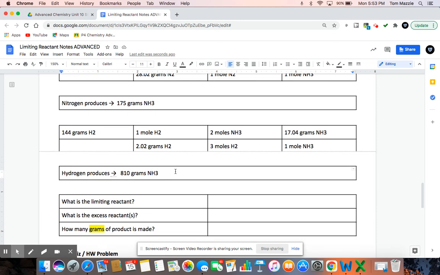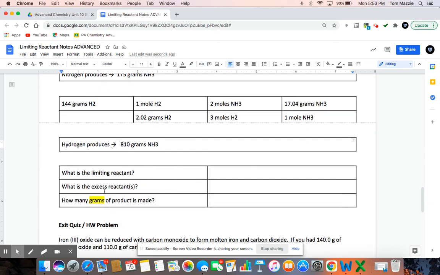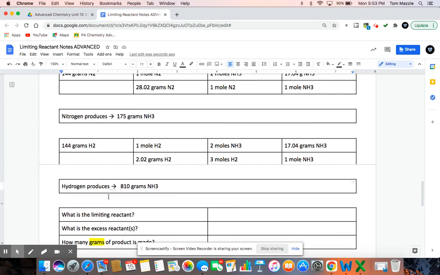Now we just have to interpret these questions. So, which is the limiting reactant? Well, nitrogen produces 175, hydrogen produces 810. Whichever reactant makes less product is the limiting reactant. Therefore, nitrogen is our limiting reactant, meaning that hydrogen is our excess reactant.